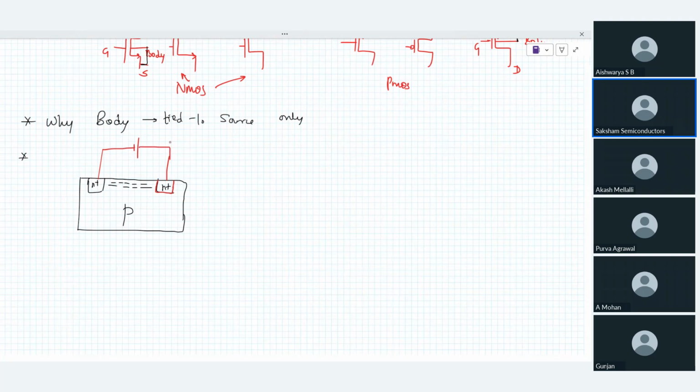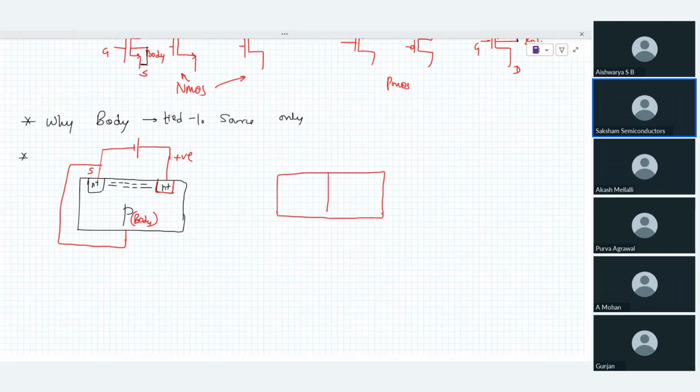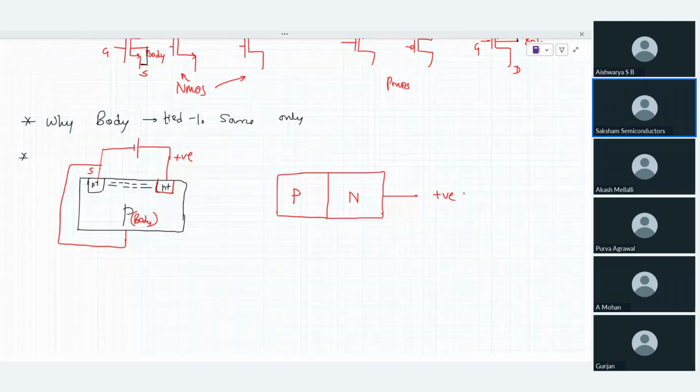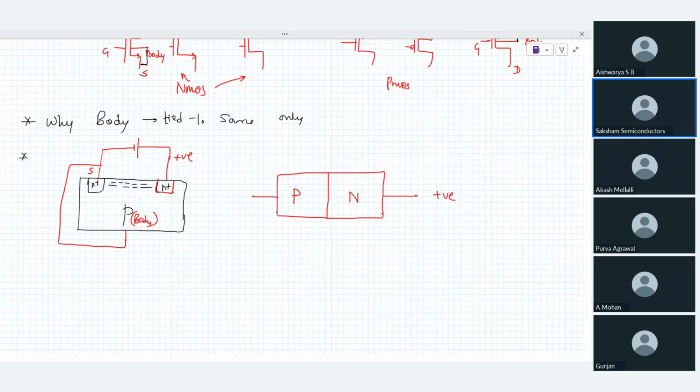This is connected to the positive side, and I told you the body, or the substrate, of your MOSFET has to be connected to the most negative potential, which happens to be my source, and it is connected like this. If I open up this entire structure, it looks something like this, where N is connected to the positive and P is connected to the negative.